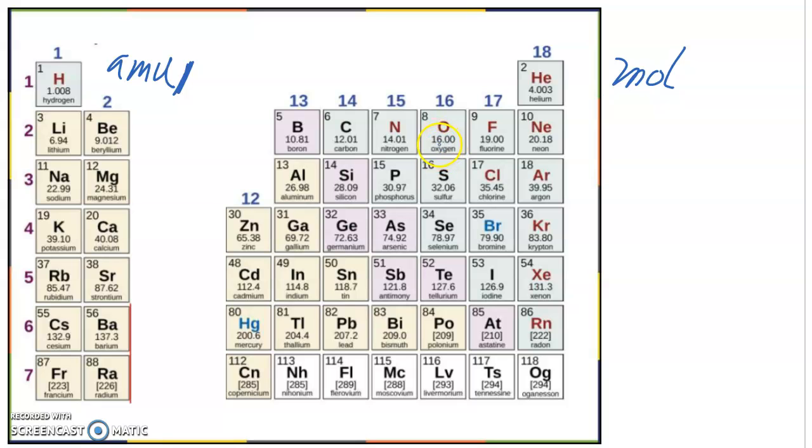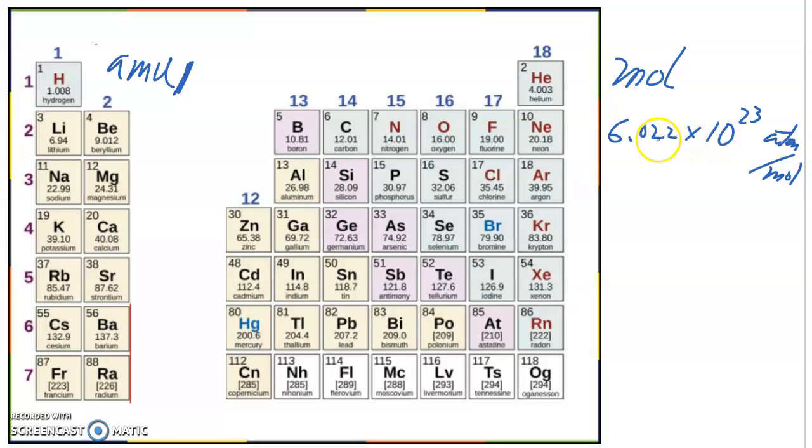So for example, if one atom of oxygen is 16 AMU, atomic mass unit, and therefore 1 mole of molecule will be 16.00 gram. So there is a certain number in that mole, and it just turns out that it's called the Avogadro's number. It is 6.022 times 10 to the 23rd atoms or molecules in a mole.